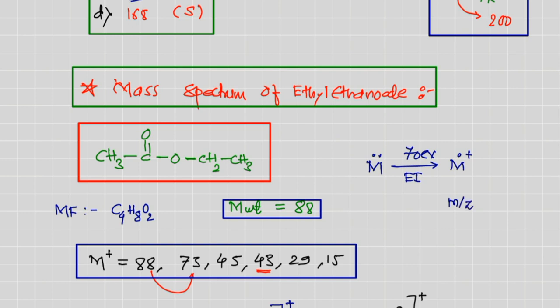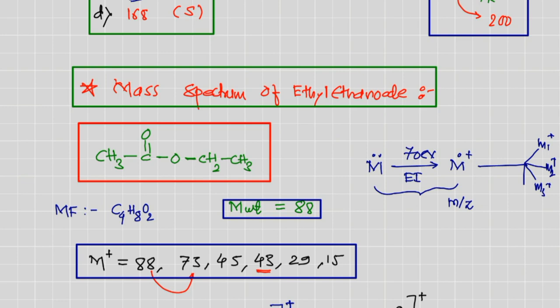Then it will undergo fragmentation, like m1 plus, m2 plus, m3 plus, and so on. So the first step is ionization, and the second step is fragmentation. For ionization, generally for all organic molecules, about 15 electron volt energy is required, but we are providing 70, which means we have to do the fragmentation.